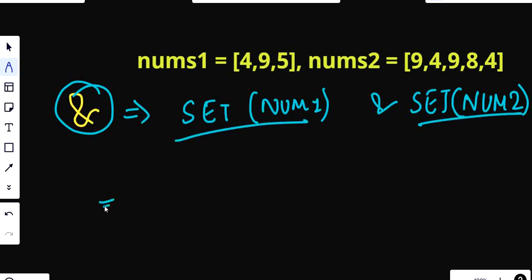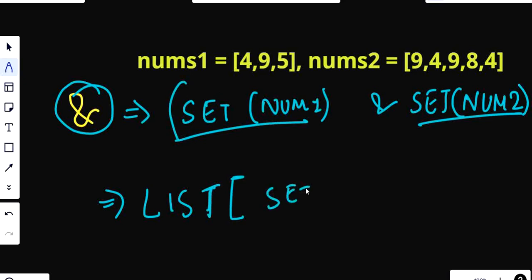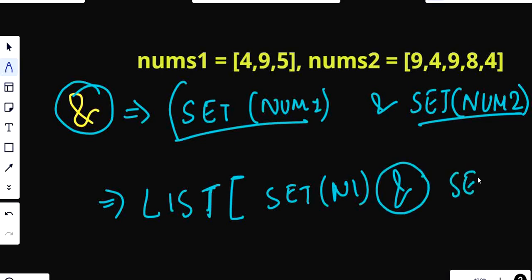After that we return the list of all the intersections. The list of all the intersections refers to this whole part: set of nums1, this operator which is the intersection operator, and set of nums2. That's it, and this is the exact answer for this approach.